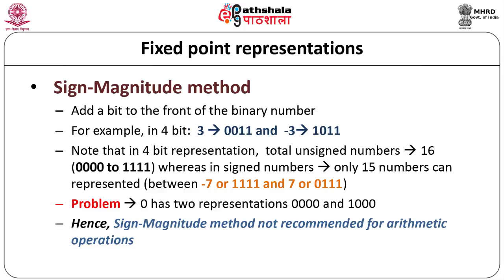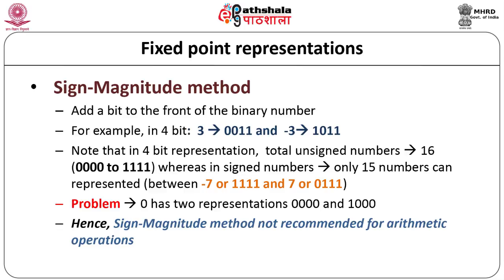Notice in 4 bits we can store 16 numbers in unsigned magnitude, that is from 0000 to 1111 or decimal 0 to 15. But in the signed magnitude method we can only store 15 numbers between -7 and +7. So we lose a number.